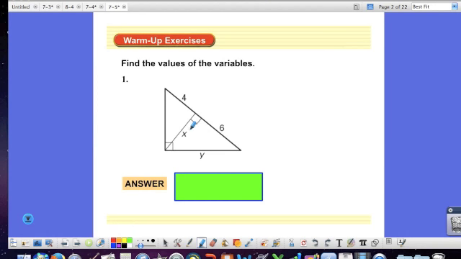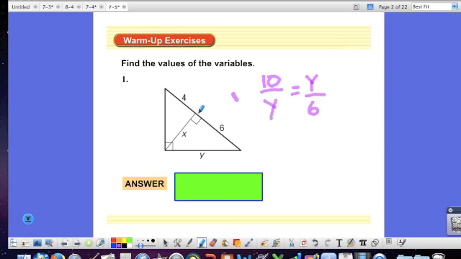Tangent ratio. Let's review some problems that we should be able to do now from earlier lessons in chapter 7. For the first one, we want to find the values of x and y. I think we had a problem just like this earlier. So I'm going to do 10, which is the hypotenuse, over y, is going to be equal to y over 6.